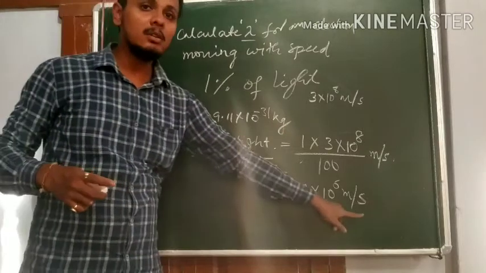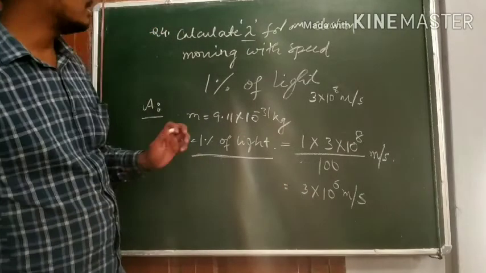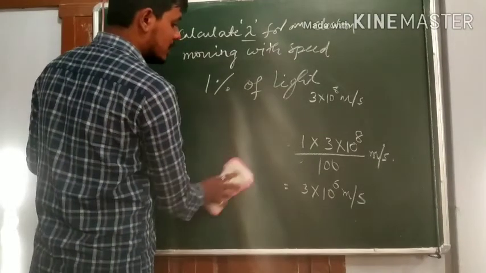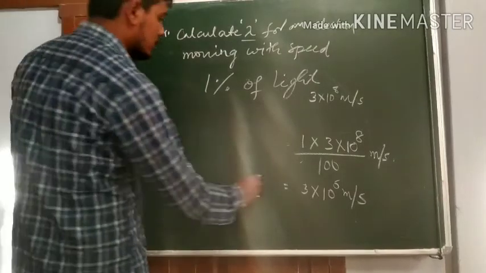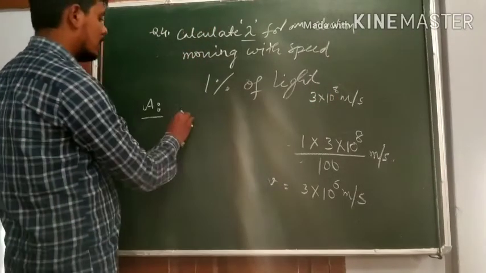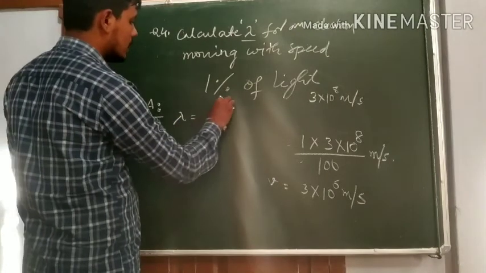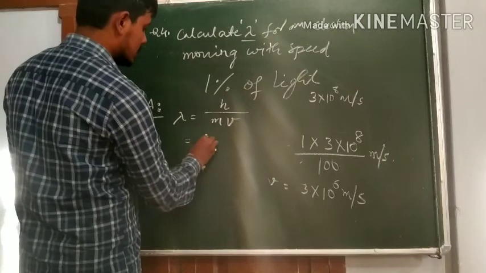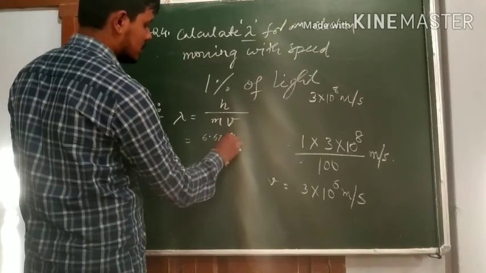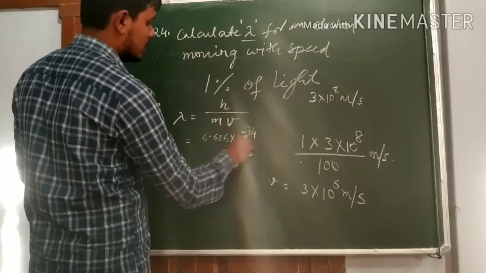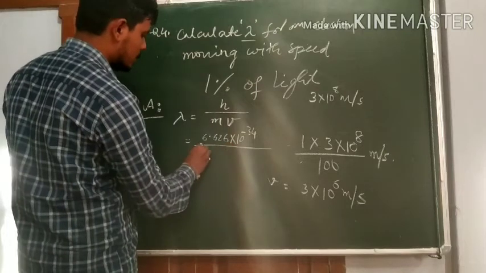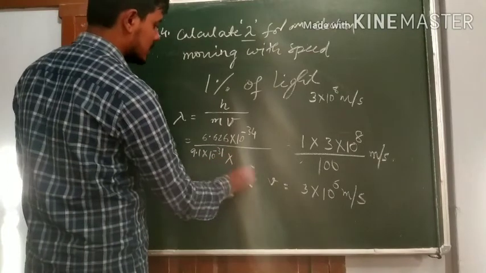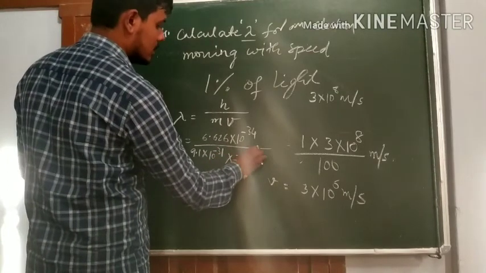So the electron is moving with a speed of 3 into 10 to the power 6 meter per second. Now we can use this velocity to calculate the wavelength for the electron. So lambda equals h by mv. h is 6.626 into 10 to the power minus 34, by the mass of the electron, 9.1 into 10 to the power minus 31, into velocity, 3 into 10 to the power 6.